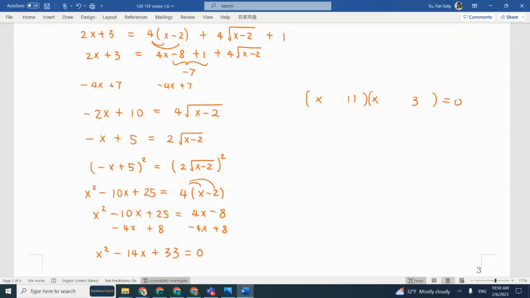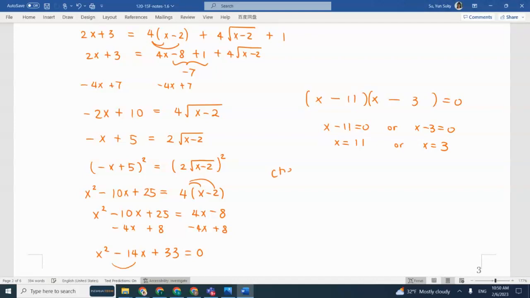Plus or minus? You get -14, so plus or minus? Negatives for both. Right, everybody? Then you get -11x and -3x, so -14x when we add them. Okay, x minus 11 is 0, or x minus 3 is 0. So x equals 11, or x equals 3.